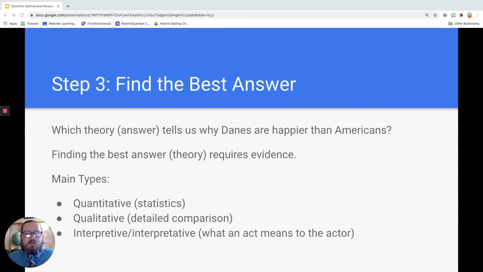And finally, we'll look at what goes by 2 different names. Some people refer to it simply as interpretive and others as interpretative evidence. This is evidence about what an act, what behavior means to the actor, what the behavior means to the person doing that behavior. Now, each of these requires its own explanation, and it's going to get it in the rest of this presentation.